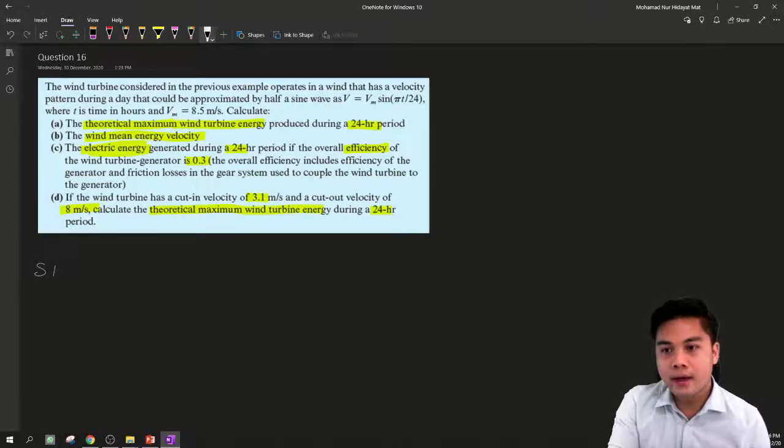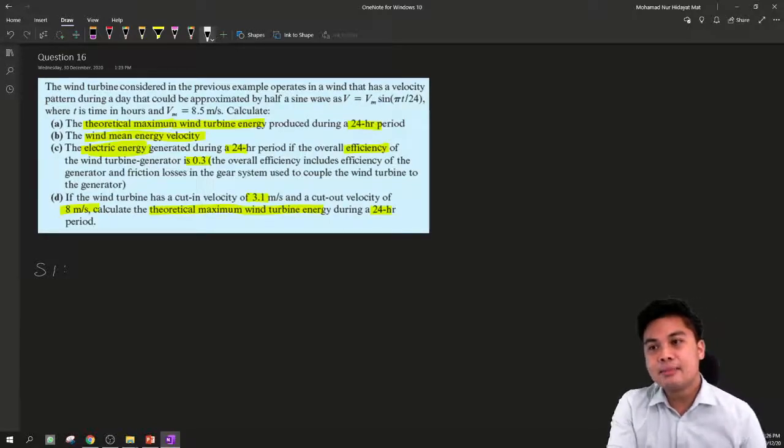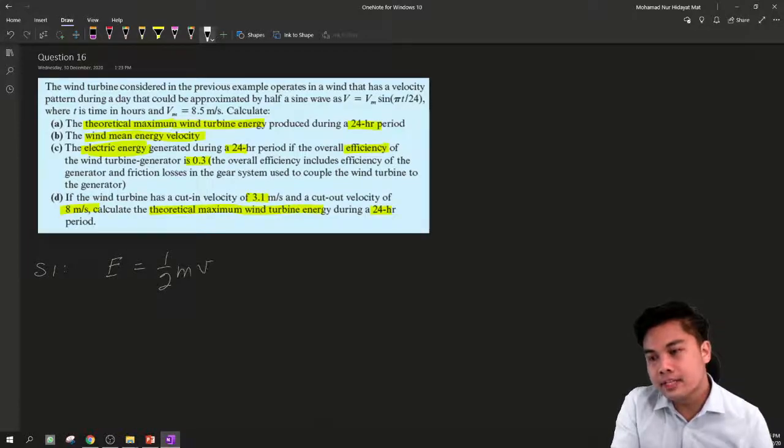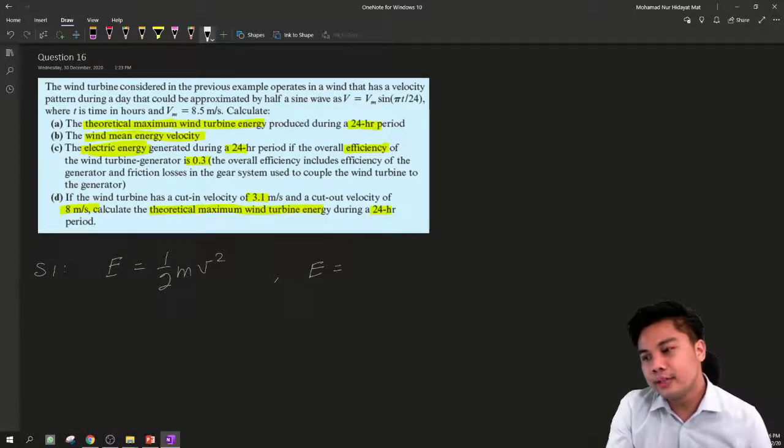Step number 1 is maximum wind energy. We know that the energy from the wind turbine comes directly from the kinetic energy, which is E equals half m v squared, and energy is directly related to power times time.